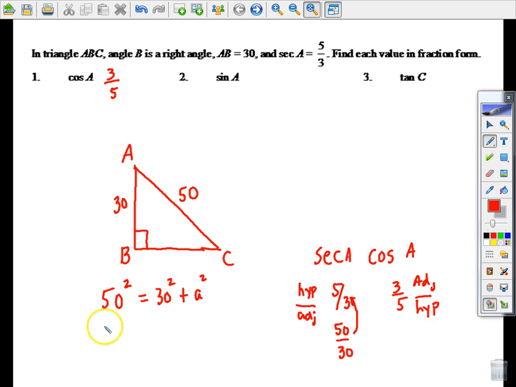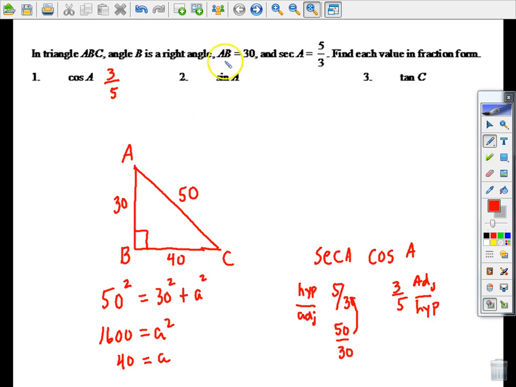That's 1600. That's A squared, but if you take the square root of that number, it would give you 40 as A. So we've just determined that this side, either known as BC, or you could think of it as side A, measures out at 40.